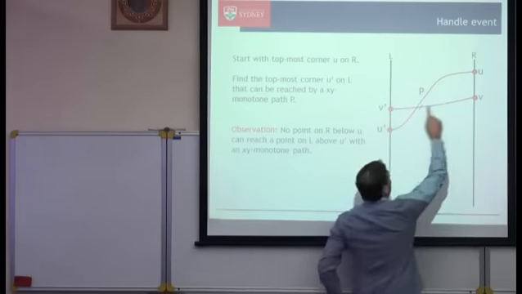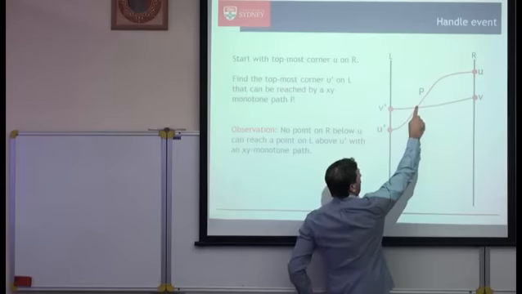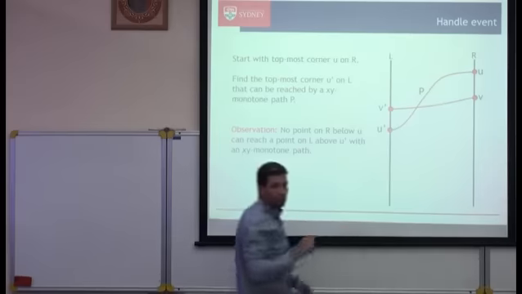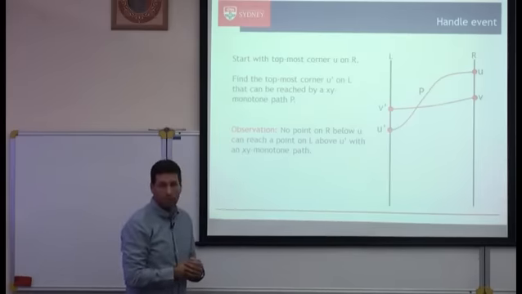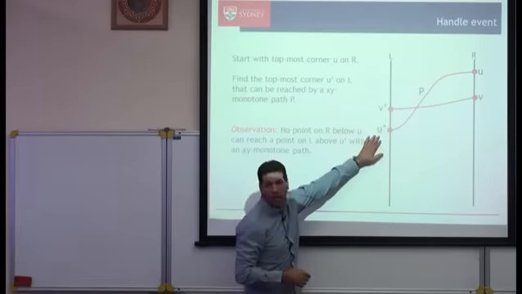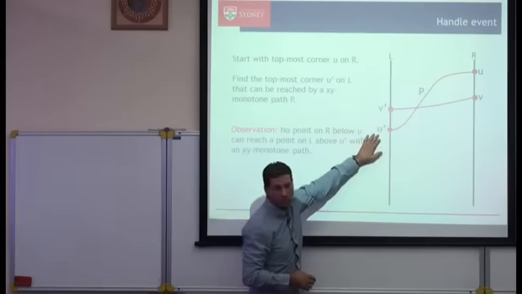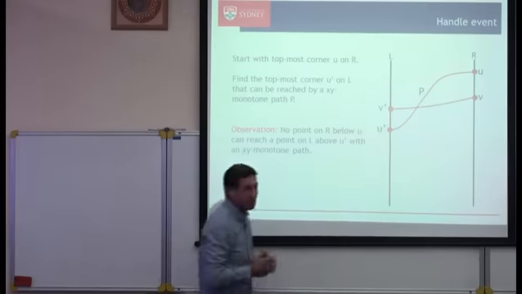Now I have an XY monotone path to this point, and then I have an XY monotone path to V prime, so I will have an XY monotone path between U and V prime. But U prime was the highest point that it can reach. So V prime cannot exist, right?